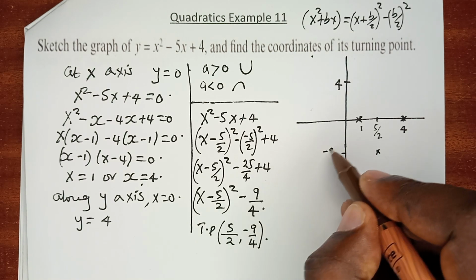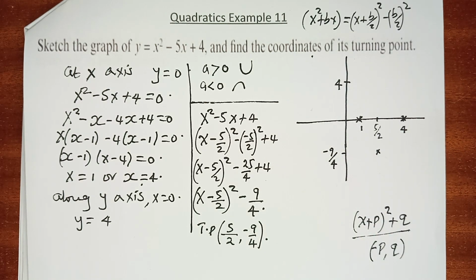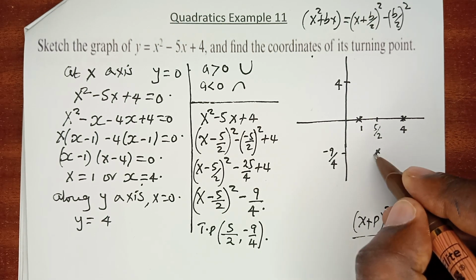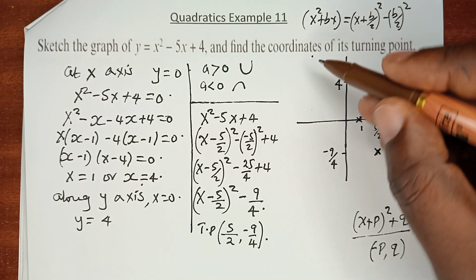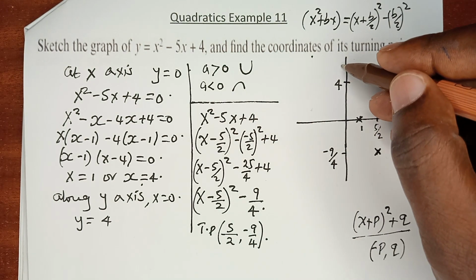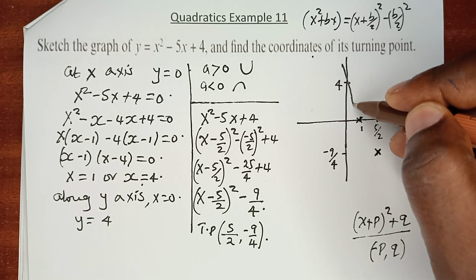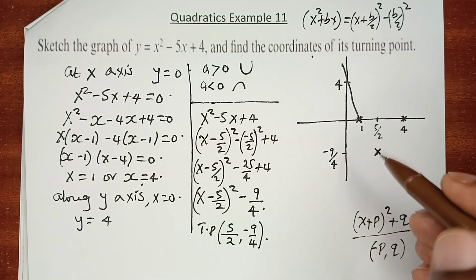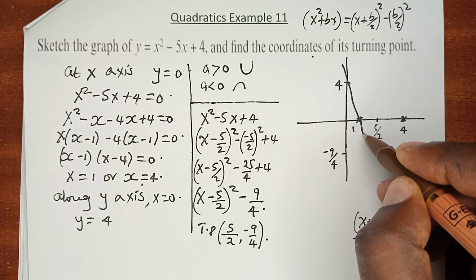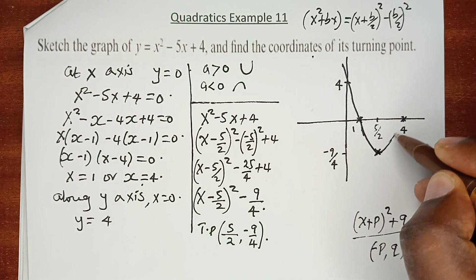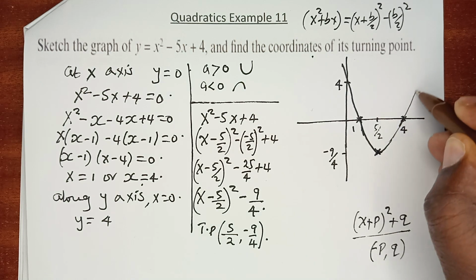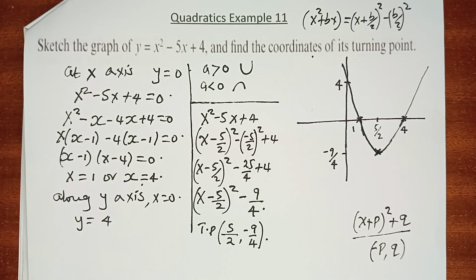This is minus 9 over 4, which is basically negative 2.25. So we could be here, 5 over 2, minus 9 over 4. And because we know it is U-shaped, cutting the y-axis at 0, 4, cutting the x-axis at 1, turning point being that one, and cutting the x-axis again at 4, that is our graph.